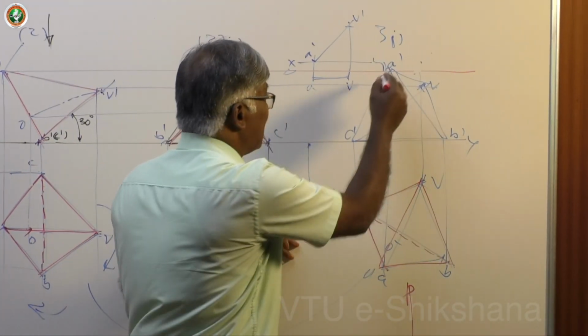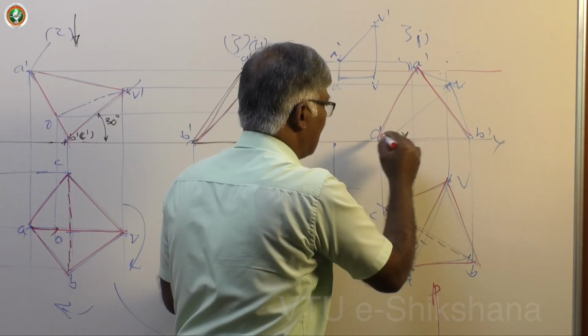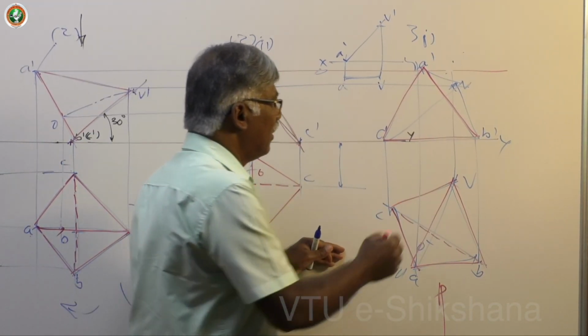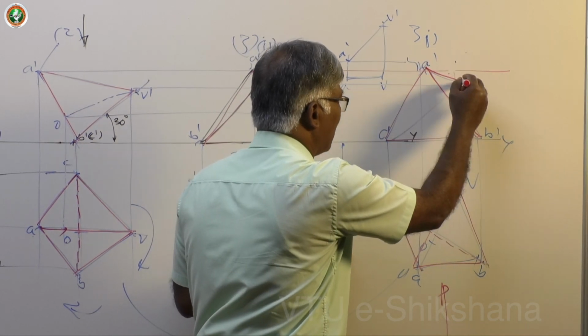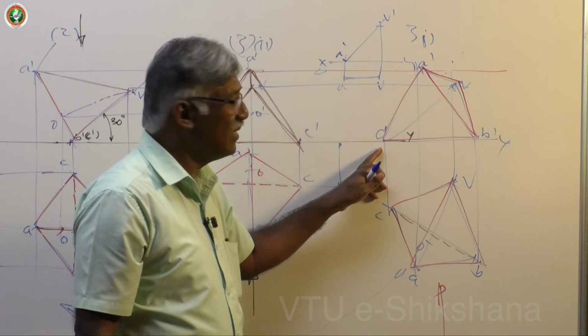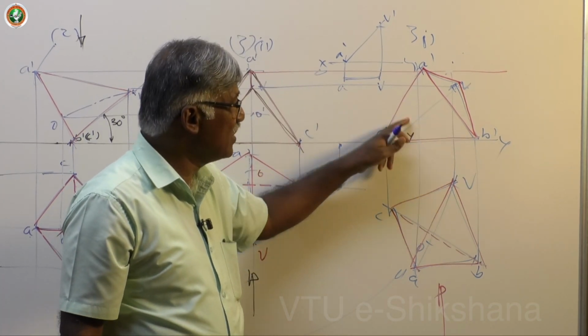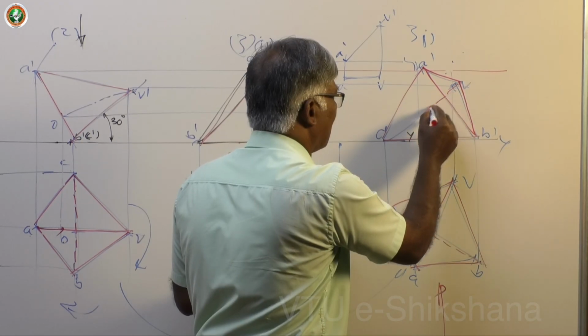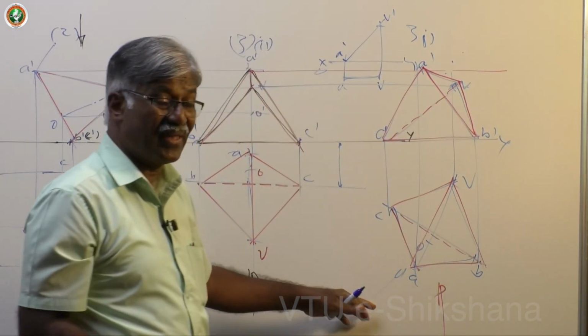Now ABC is visible. Yes, visible key surface method. And the boundary is visible. That's all. Now what about VC? VC is crossing the visible surface. Definitely this is invisible. So this is the visible key surface method.